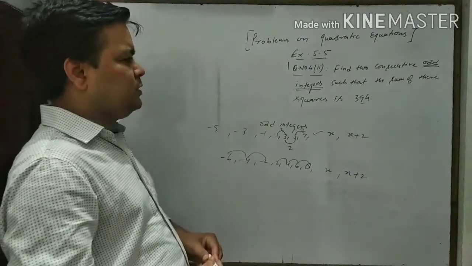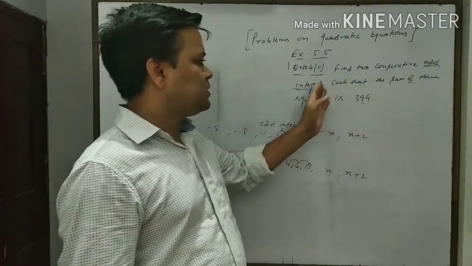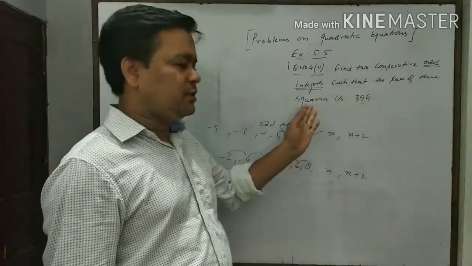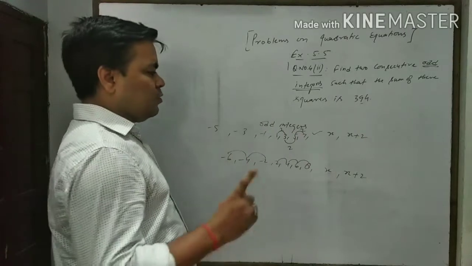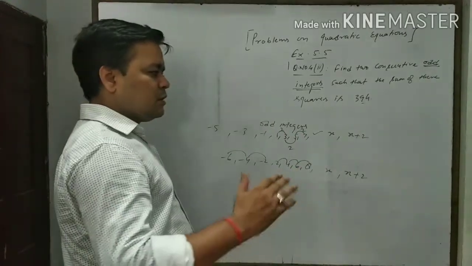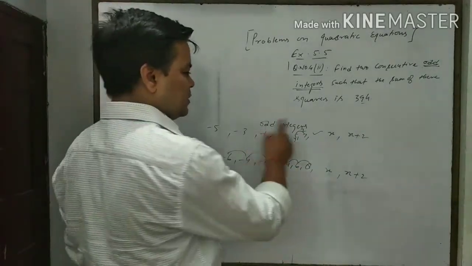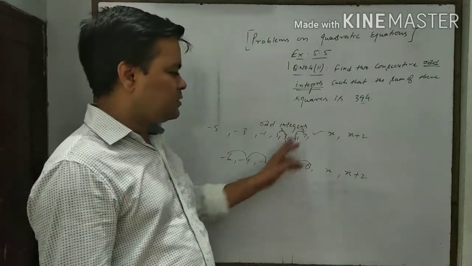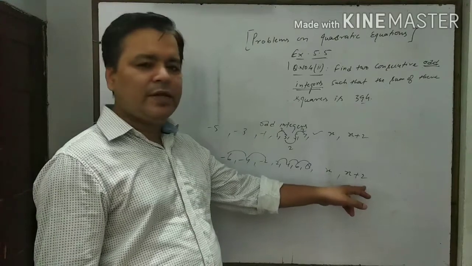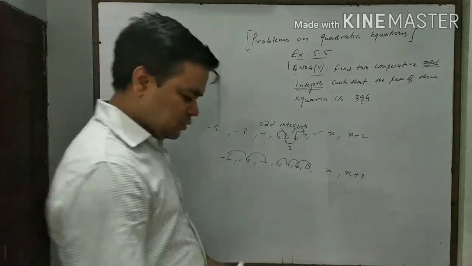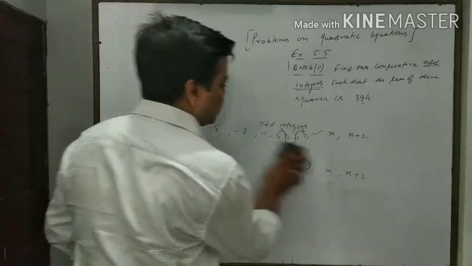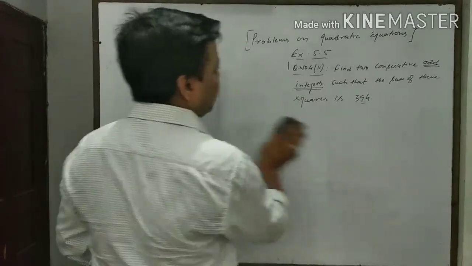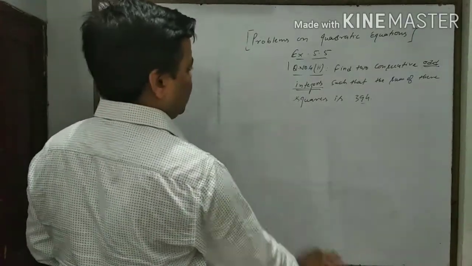In both conditions, either odd integers or even integers, if we take one integer x, then the next consecutive odd integer will be x plus 2, or the next consecutive even integer will be x plus 2. Now we should think according to the question. Here the question is to find two consecutive odd integers.